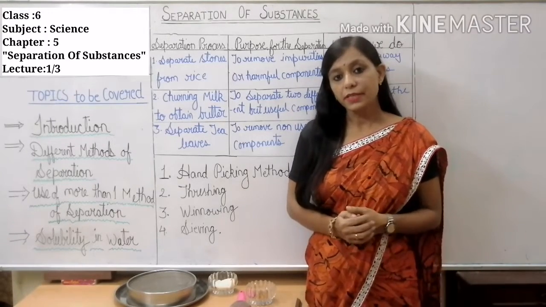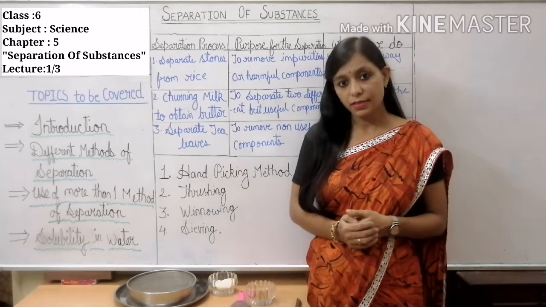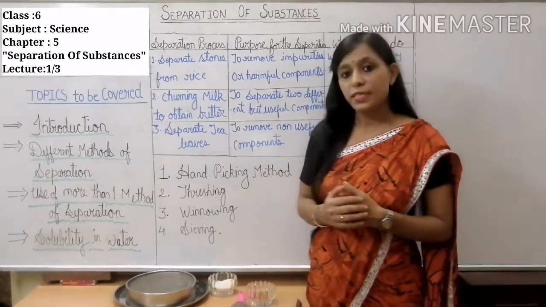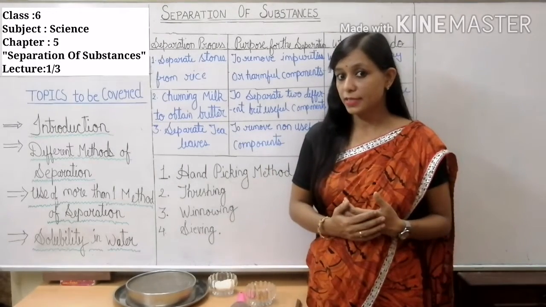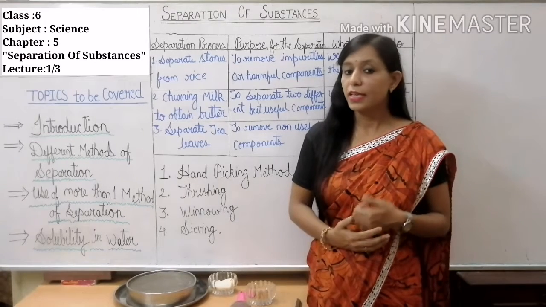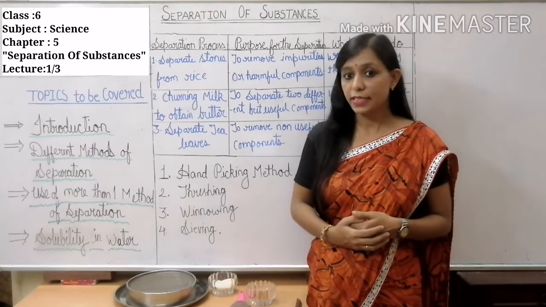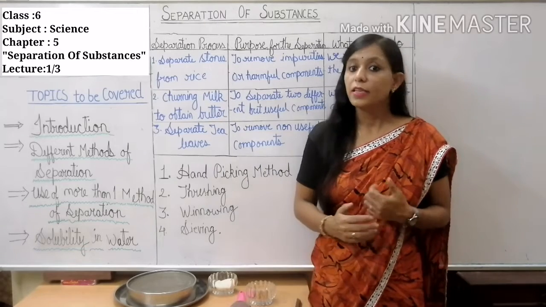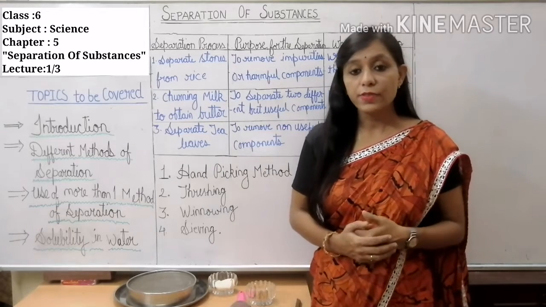Why do we need to separate substances? Yes, to separate harmful substances from a mixture. For example, separating stones and insects from pulses and rice. Second one is to separate non-useful substances.